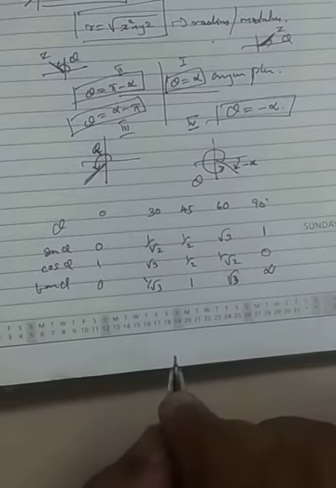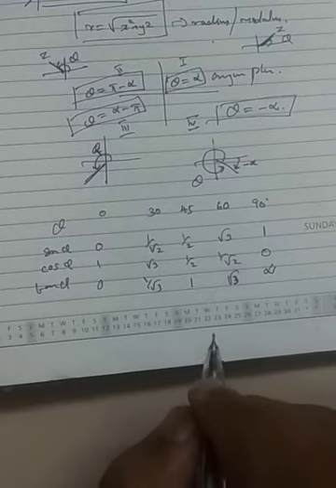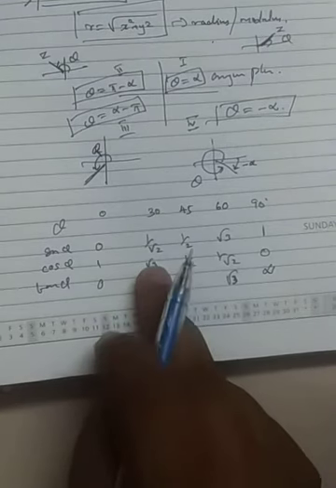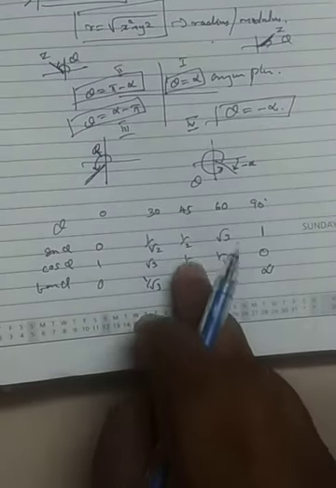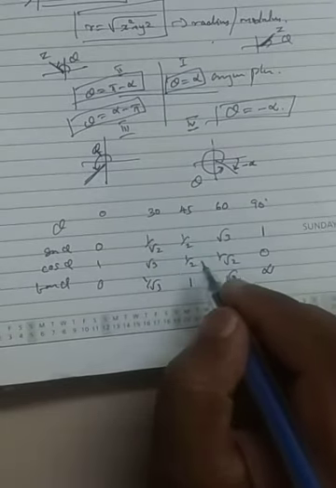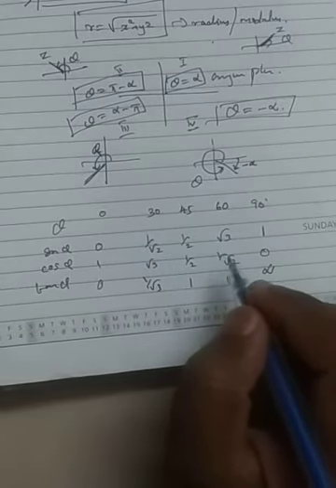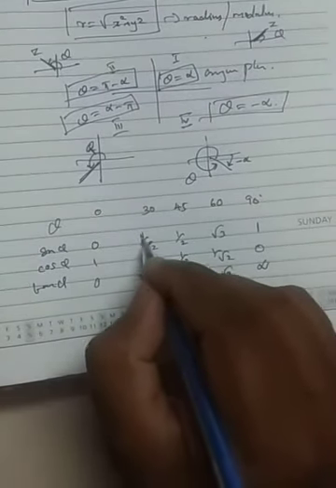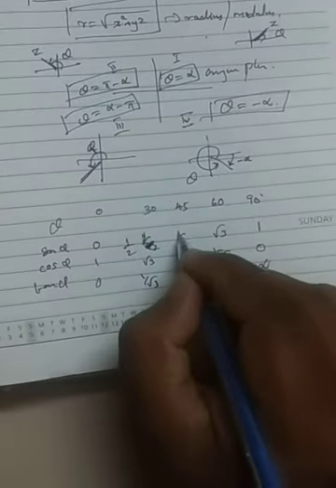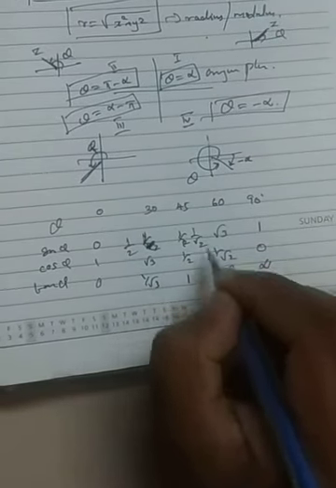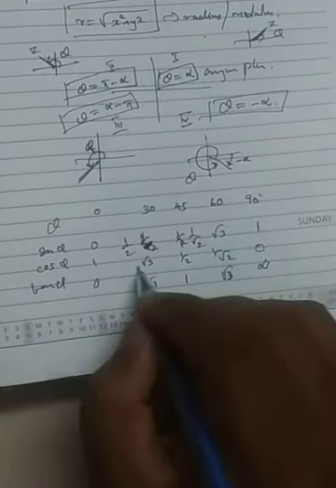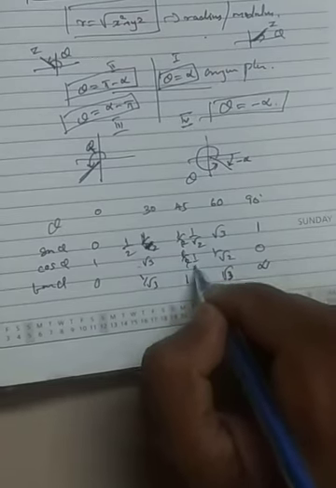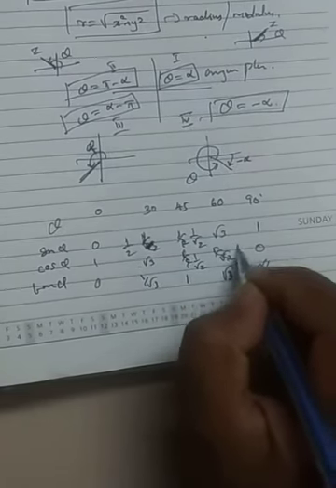Okay, in this way we will do it here. Sorry, this value is 1 by 2. This value is 1 by root 2, and here root 3 will come.